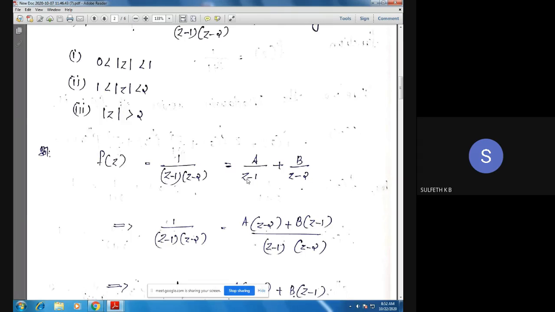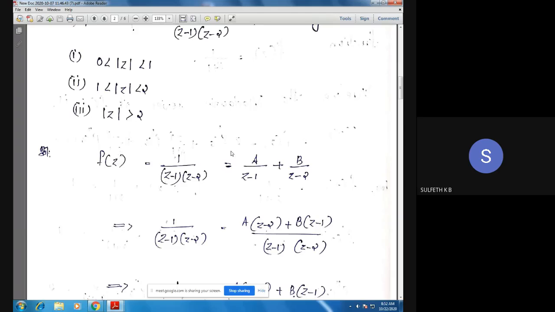So we use the partial fraction method: 1 by (z minus 1)(z minus 2) we can write as A divided by z minus 1 plus B divided by z minus 2. We can separate the terms by partial fraction method and find the values of A and B by solving these equations.